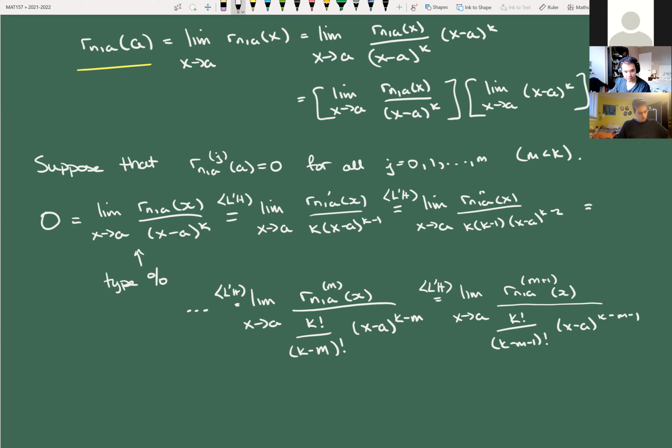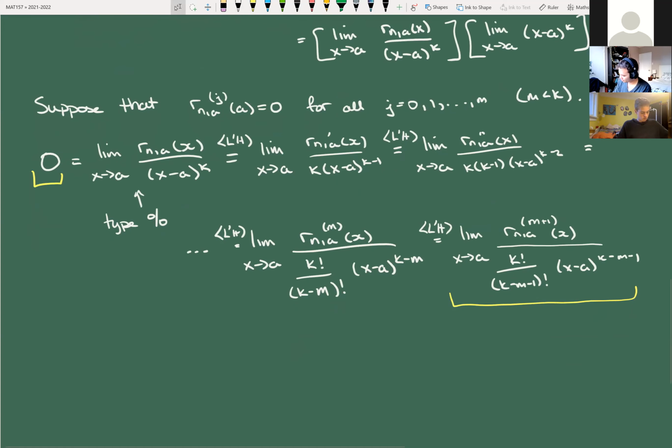And so the claim is that, again, ignoring all the middle stuff, this nasty limit here is equal to 0. And now what we do is our same trick.